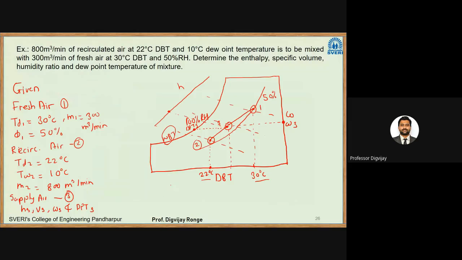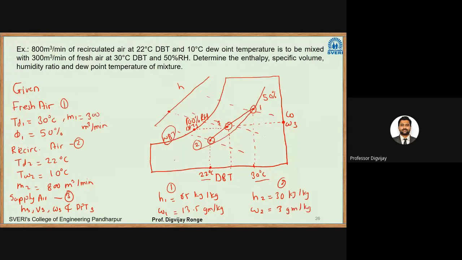So here at point 1, I have enthalpy which is 65 kilojoule per kg, and at point 2 I have enthalpy as 30 kilojoule per kg and specific humidity there it is 3 grams per kg.